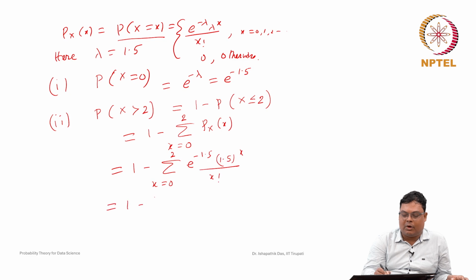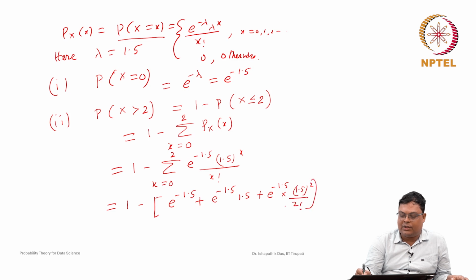So this is 1 minus: for x equal to 0, e to the power of minus 1.5, plus for x equal to 1, e to the power of minus 1.5 into 1.5, plus for x equal to 2, e to the power of minus 1.5 into 1.5 squared by 2 factorial.